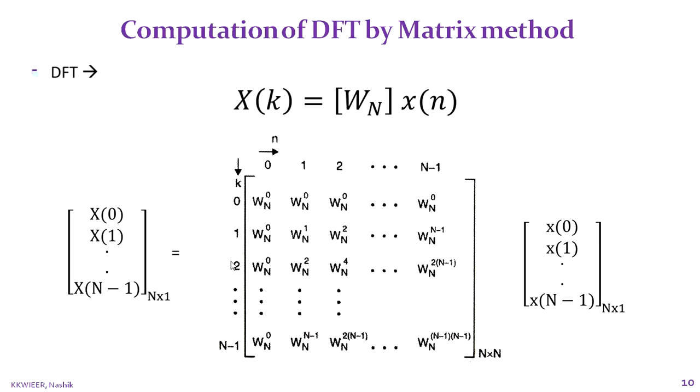So this will be your N by N matrix of WN, and x of n, that is the input sequence, will be small x, running from 0 to N minus 1. So this will also be an N by 1 matrix. By multiplying this WN matrix to the input sequence x of n matrix, we will get DFT, that is X of k, by the matrix method.